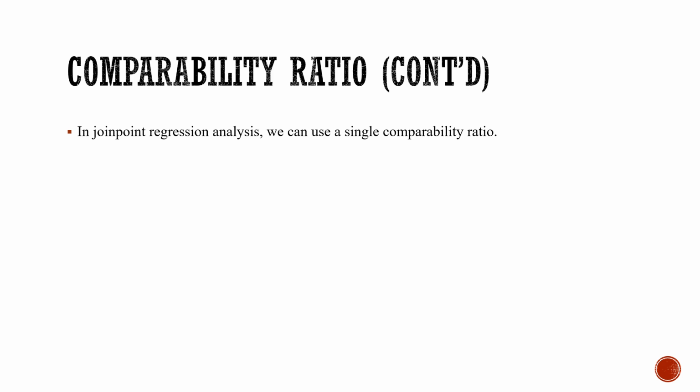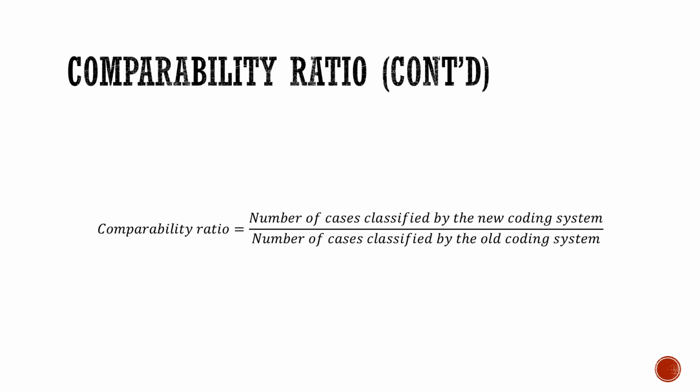In joint-point regression trend analysis software, we can use only a single comparability ratio. Comparability ratio is calculated based on this formula, which is dividing number of cases classified by the new coding system by the number of cases classified by the old coding system.